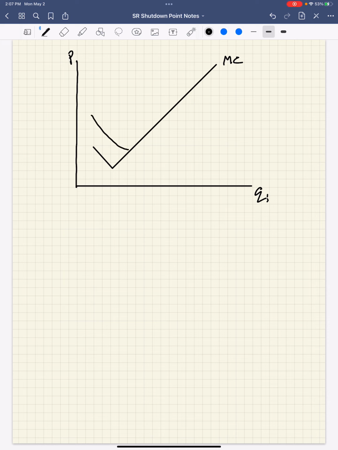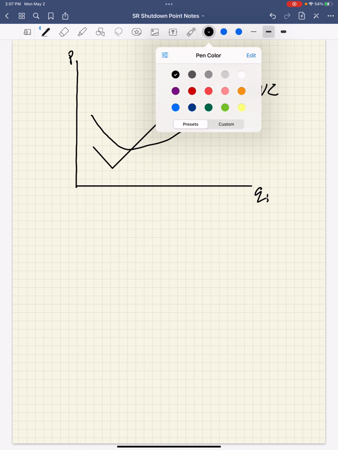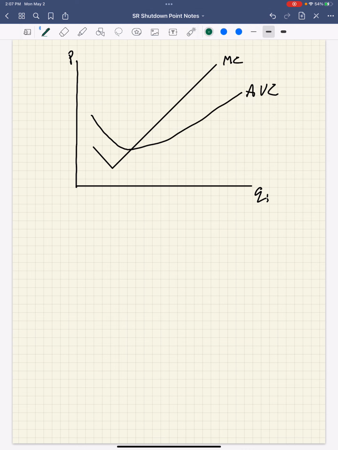And let's draw that U-shaped average variable cost. Okay. So what we've defined here is all of the combinations of price and quantity where the firm will actually be producing. It's going to be whenever price is above average variable cost. Right? So right at that point, below that point, we're going to shut down.